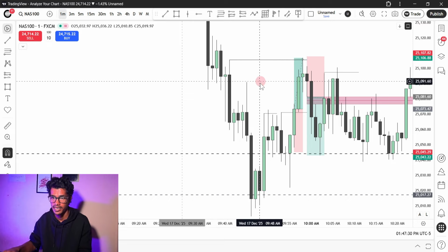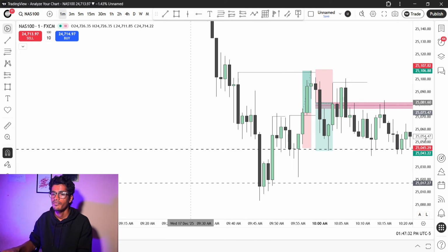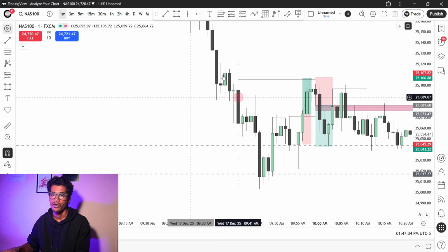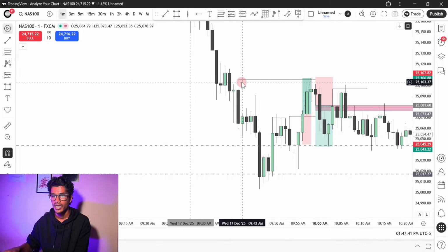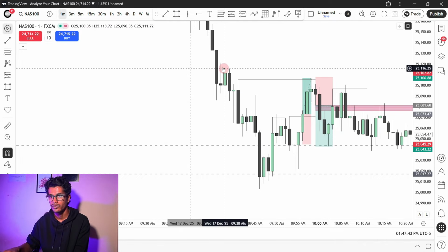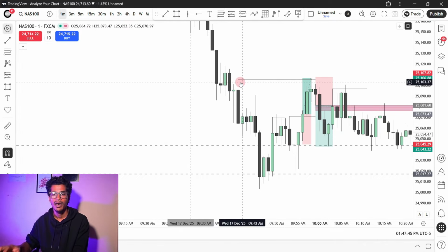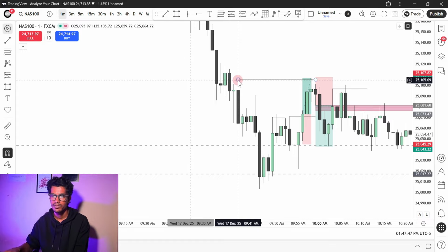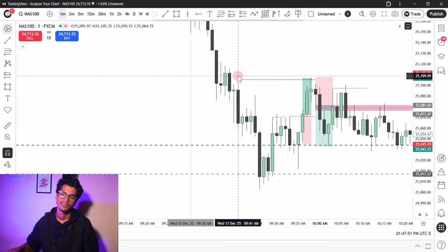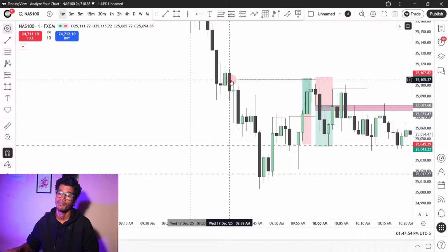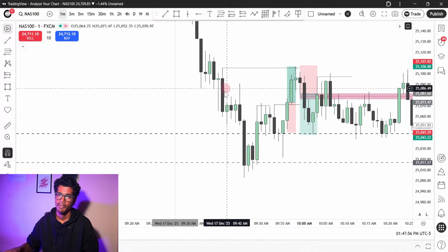Now, why that high? Before taking out these lows, where could be the most stops? Above this swing high and above this swing high. There is no swing high here. I was trading on the 1 minute, so this swing high has the most buy stops above it.